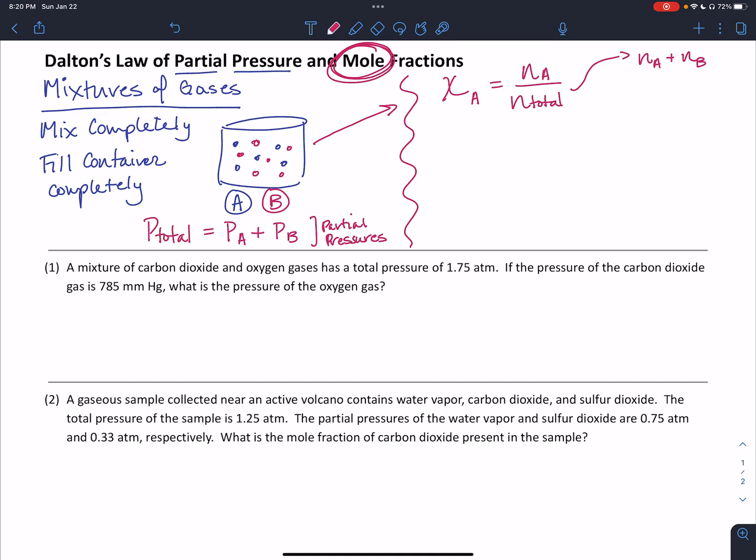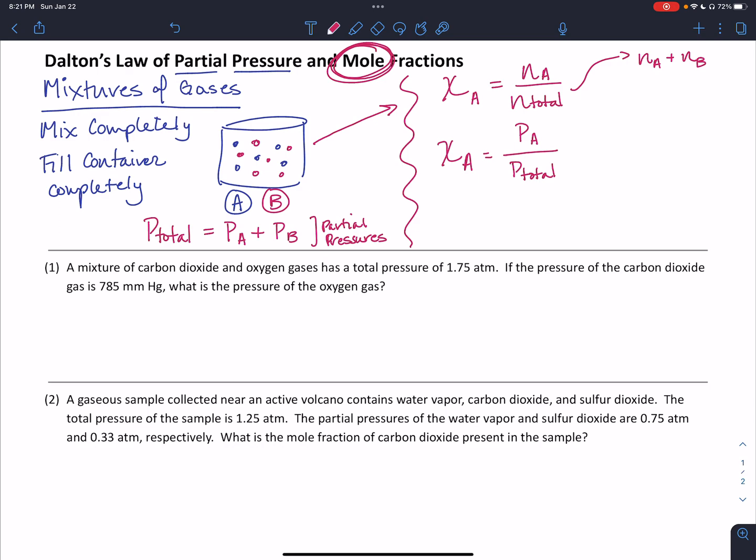Now, hopefully, we appreciate that these particles of A are giving us the pressure of A. So we can also think about this mole fraction in terms of pressure. It's going to be equal to the pressure that those particles exert divided by the total pressure within that container.